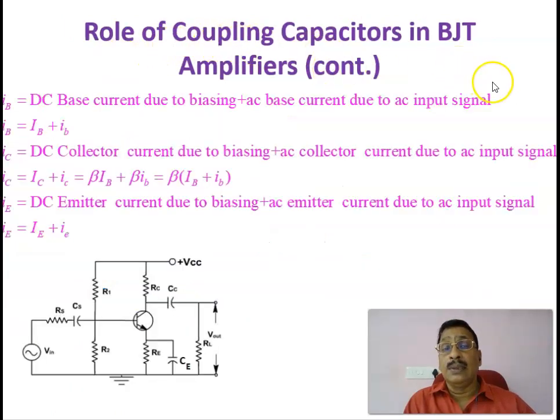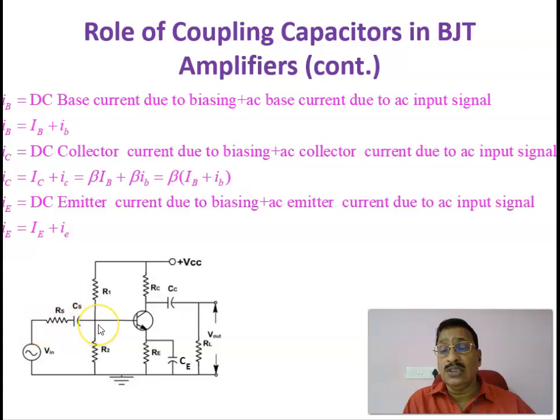Continuing the role of the coupling capacitor in bipolar junction transistor amplifiers, you can write that capital IB is the DC base current due to the biasing, plus small ib, the AC base current due to the input signal.